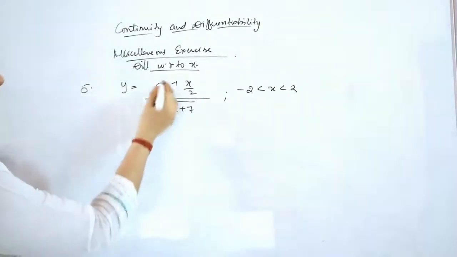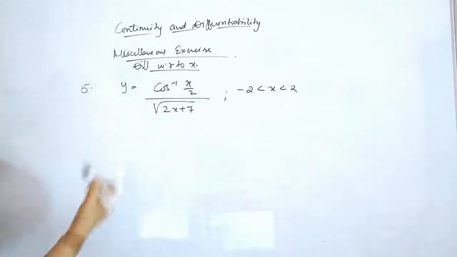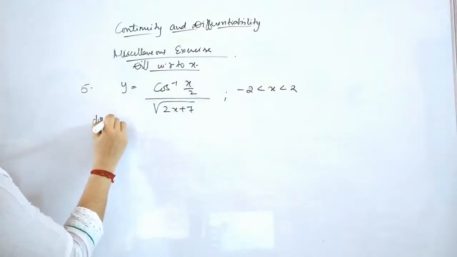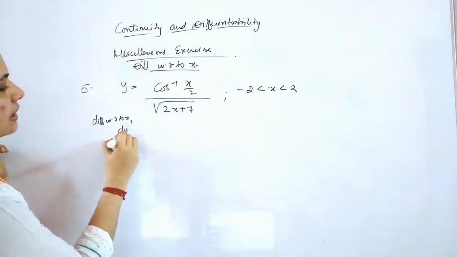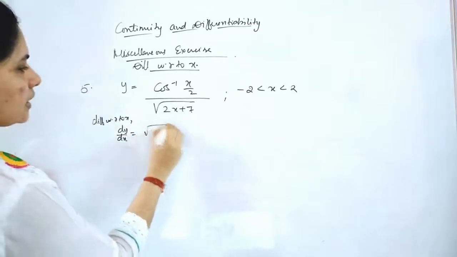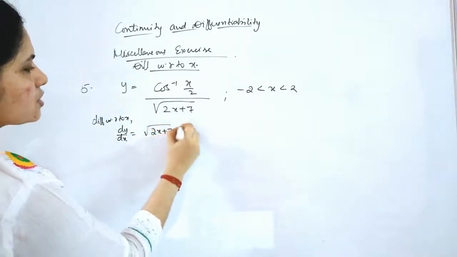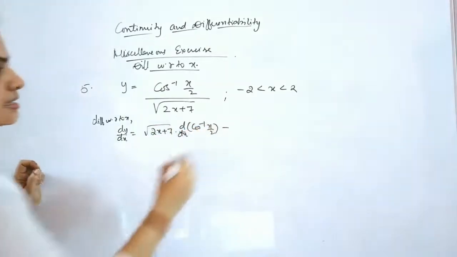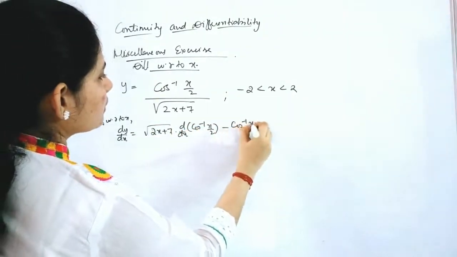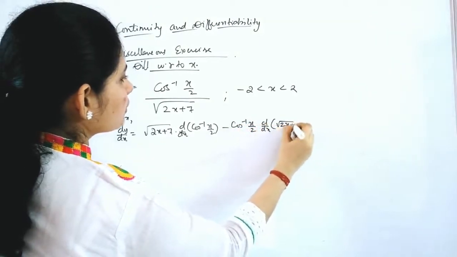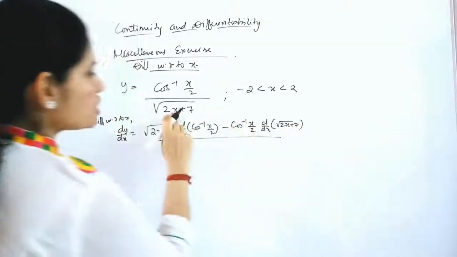Now what we have to use here is, you have a fraction, which means you have to use the quotient rule for division. So differentiating with respect to x, you will have dy by dx is equal to denominator into derivative of numerator minus numerator into derivative of denominator divided by denominator the whole square.